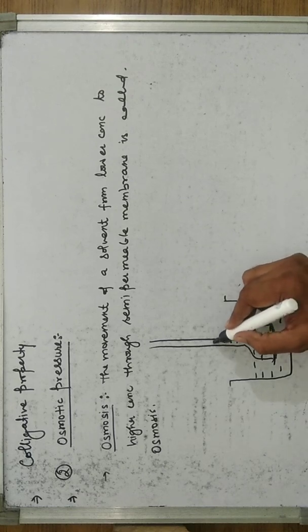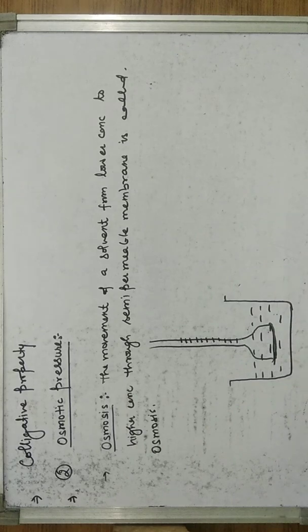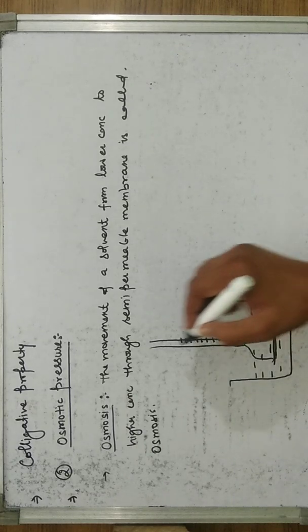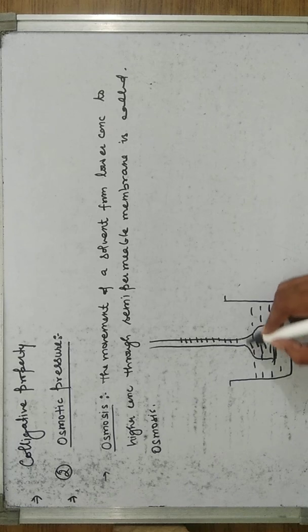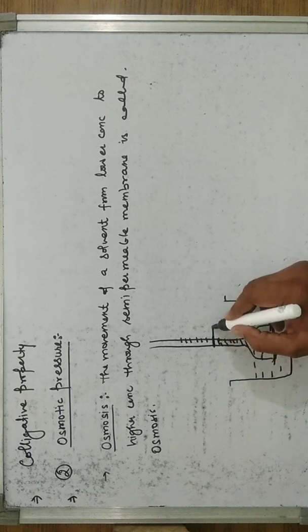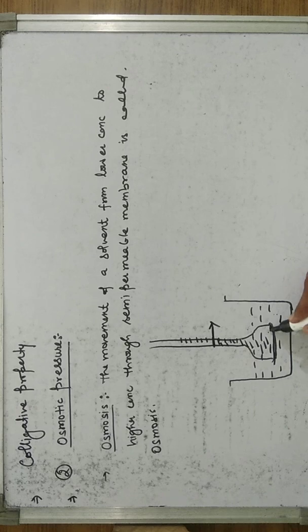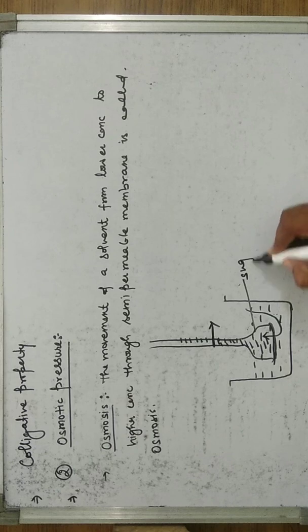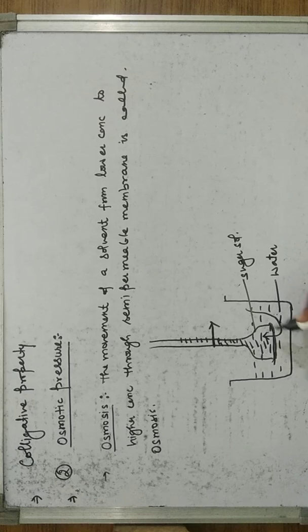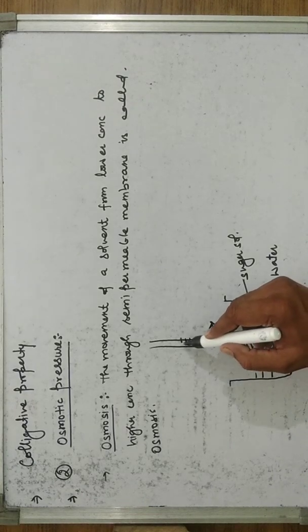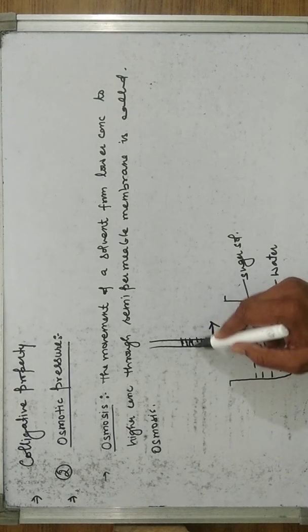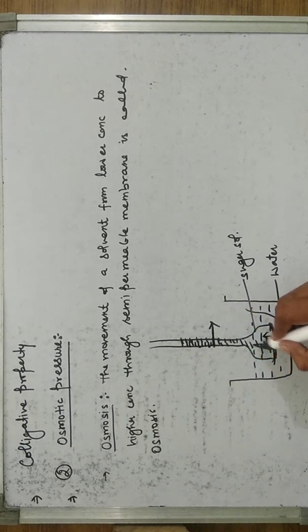Here is the scale from where we can measure the volume. Now we put the sugar solution inside it up to this mark. When osmosis takes place, there is a movement of the solvent particles from lower concentration to the higher concentration. This is a sugar solution, and this is pure water acting as a solvent, and here the level of the water rises, and after some time this movement of water stops.